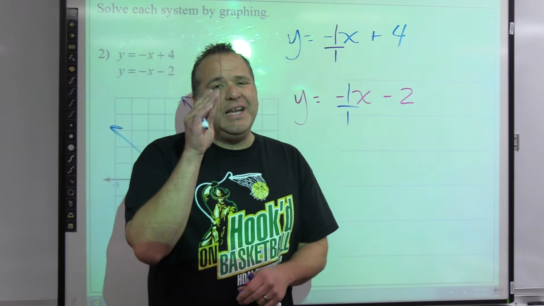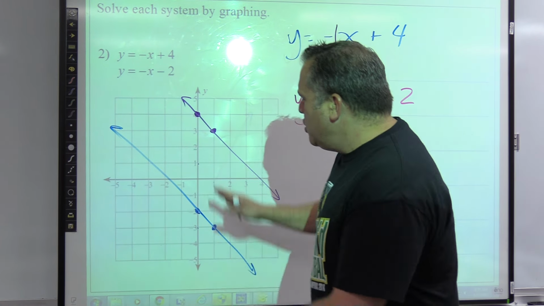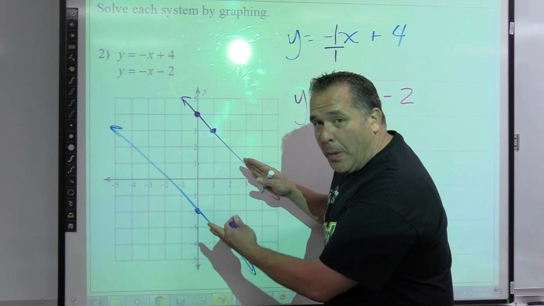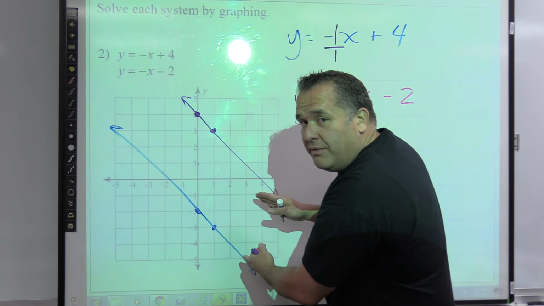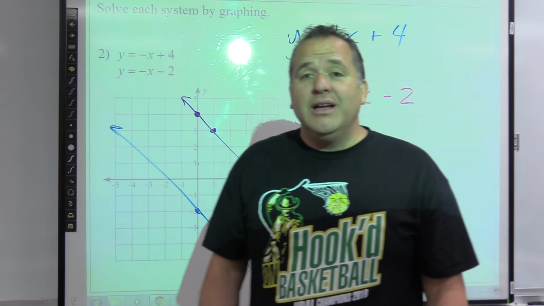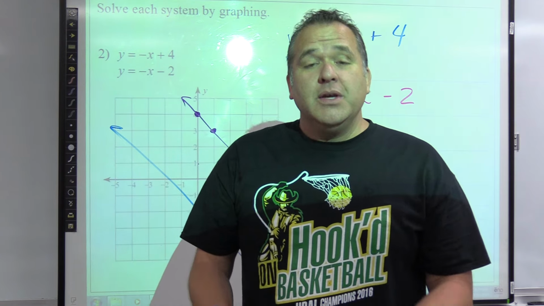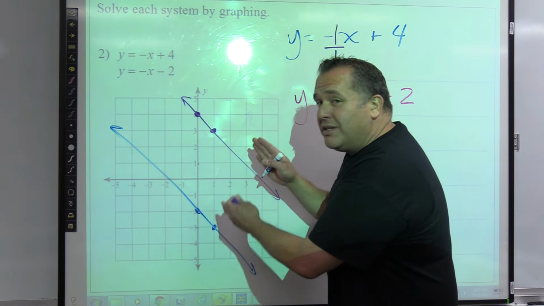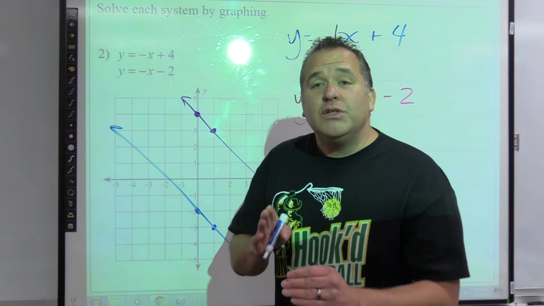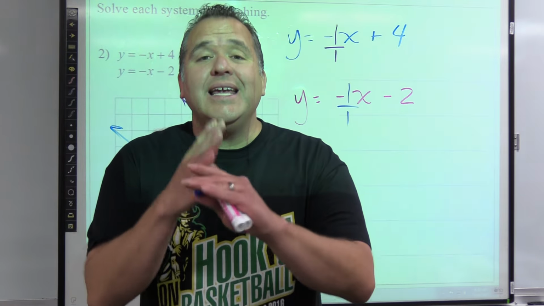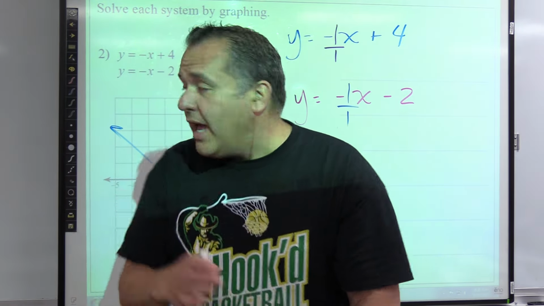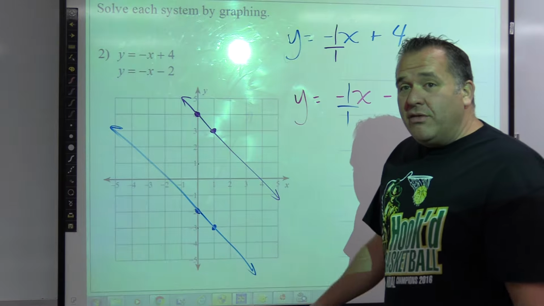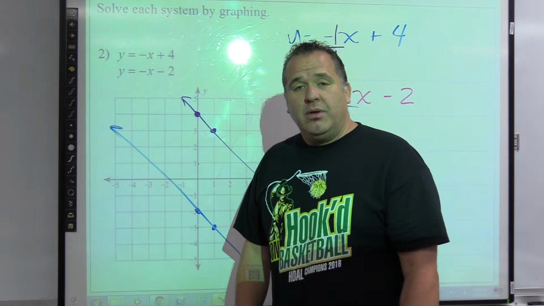This is what we call a special system. When you have 2 lines like this that are parallel, that are never going to meet, folks, you're never going to get an answer, because in order to have a solution to a system, the 2 lines need to intersect. They need to meet at one point. These will never meet because they're parallel.